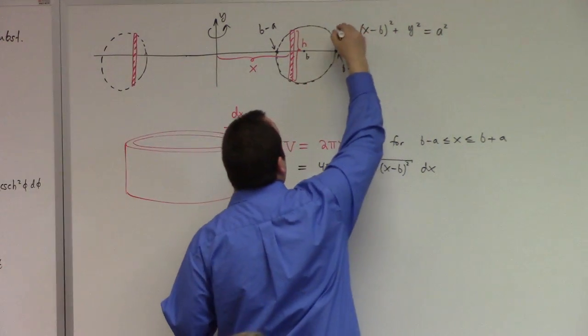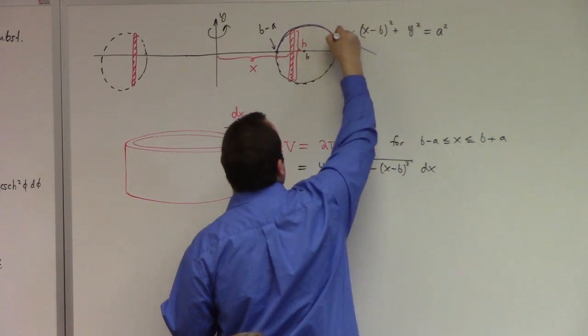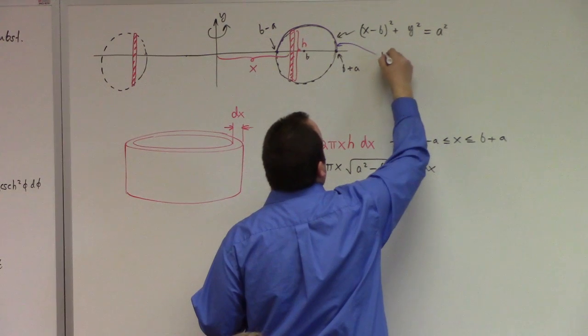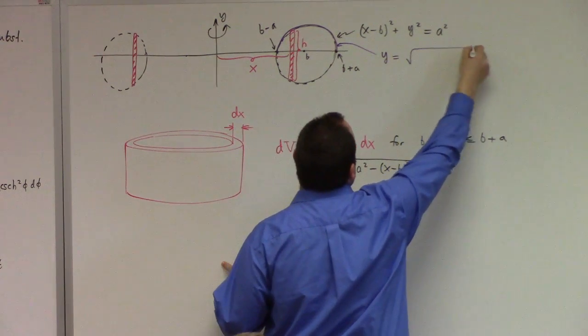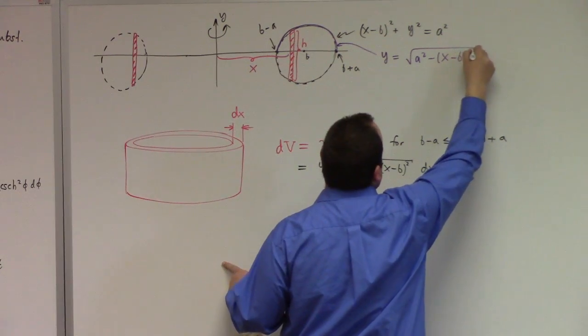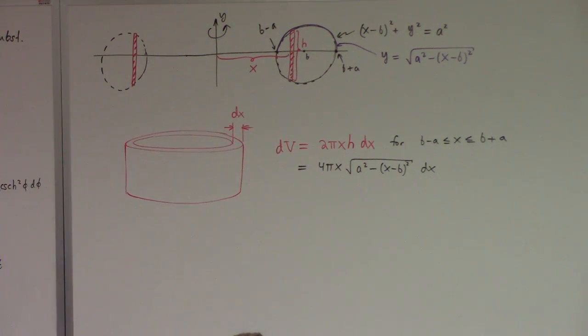Taking the positive solution up here, this branch of the circle, this semicircle, we can solve: y is equal to the square root of a squared minus x minus b quantity squared. And you just have to integrate that from b minus a to b plus a, and that ought to do it.